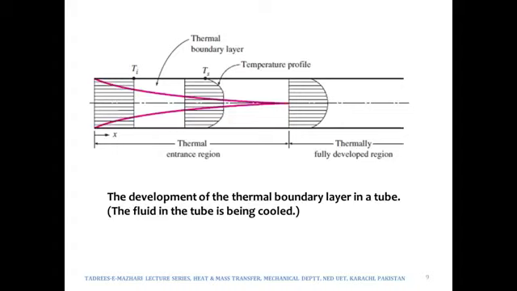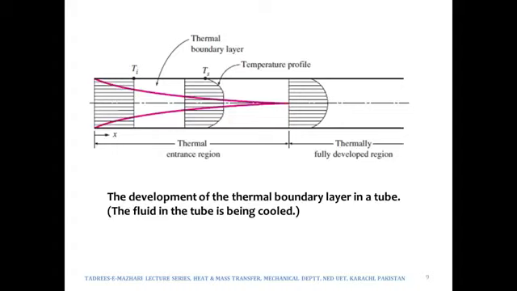Now if T infinity is greater than Ts, then the profile will be having this particular shape, where if we consider it for a second as a plate, again it is not a plate, so where will the temperature difference be maximum? It would be far from the plate, and as we come closer to the plate, Ts minus T infinity would become smaller.